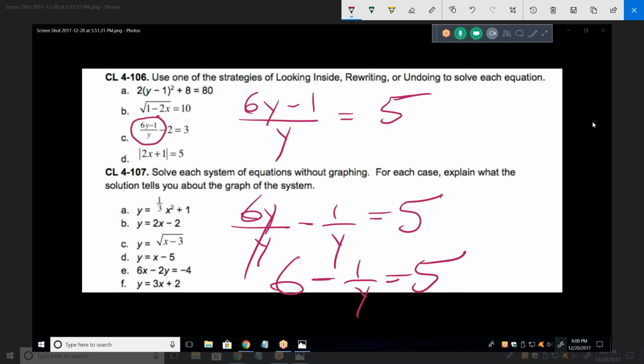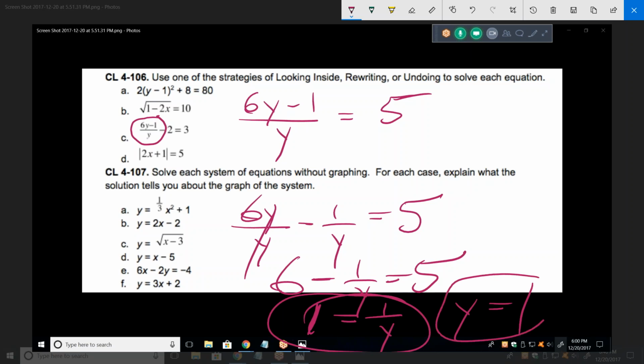Now if I move the 5 to the left and move the 1 over y to the right, I get that. And now y equals 1. Same solution, done slightly different way.